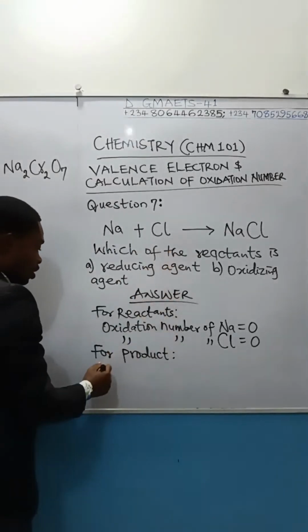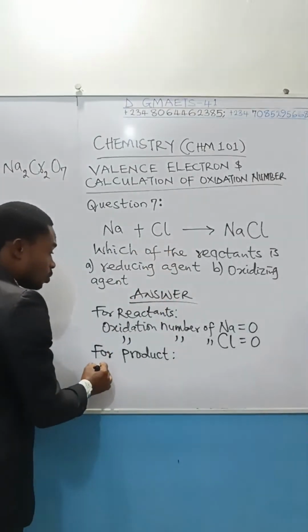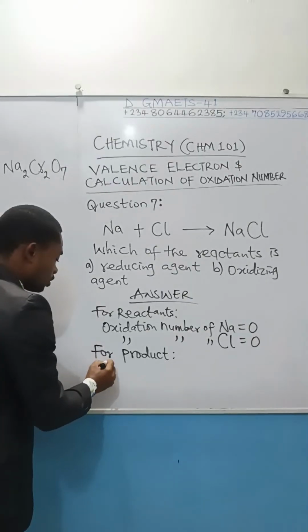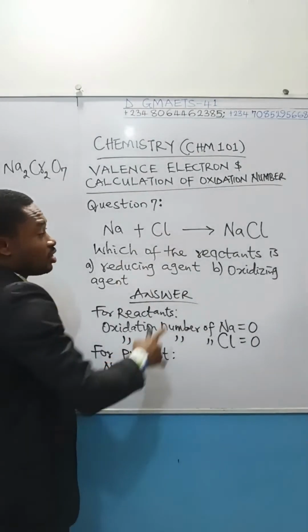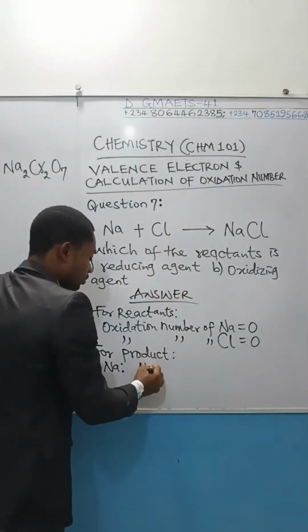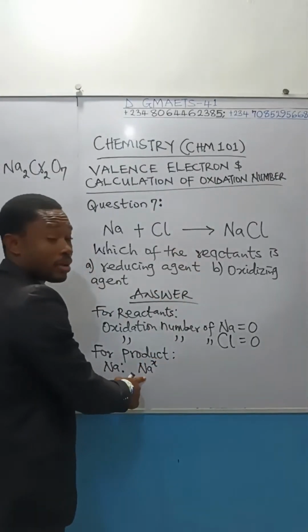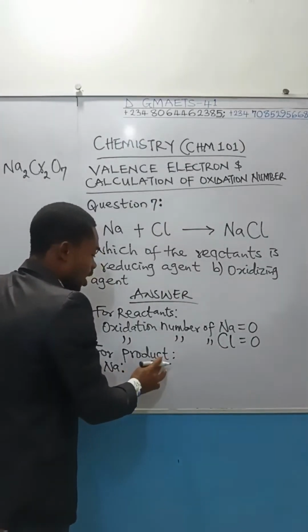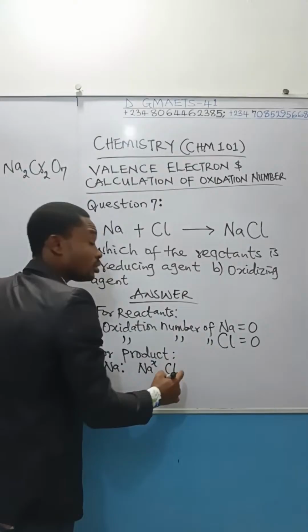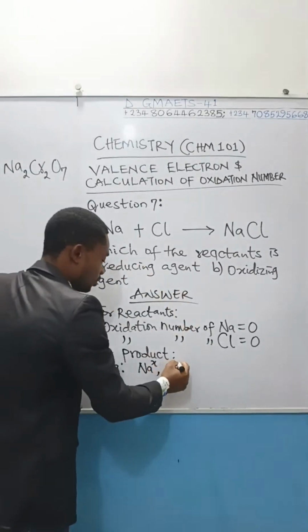For the product, I'll come to sodium. We want to find out the oxidation number of sodium. You come to that sodium chloride. Since we are looking for the oxidation number of sodium, I would indicate it as an unknown, x, and then the valency of chlorine.